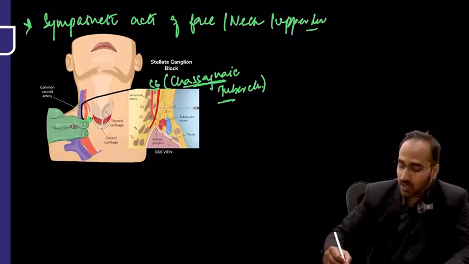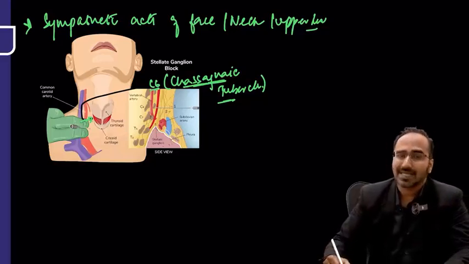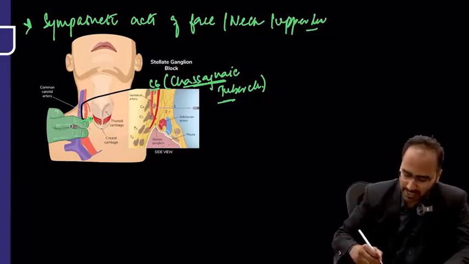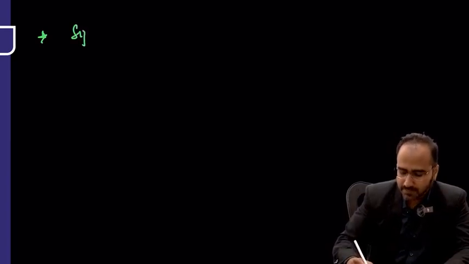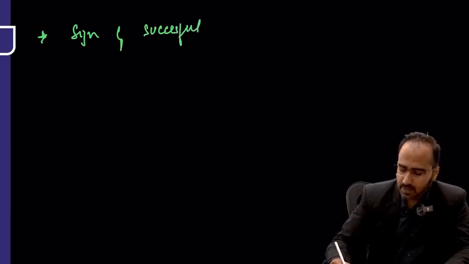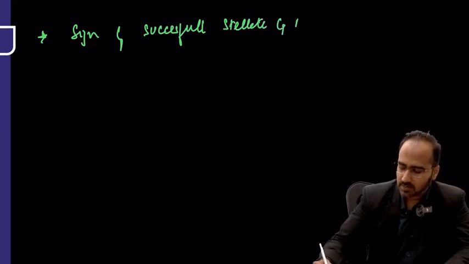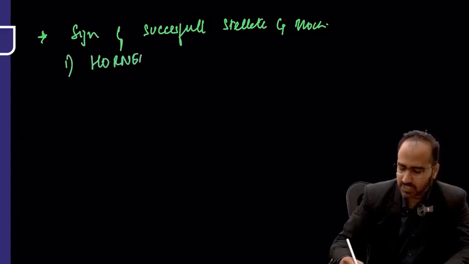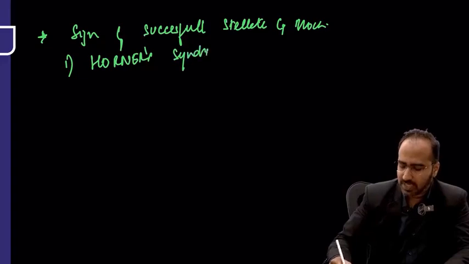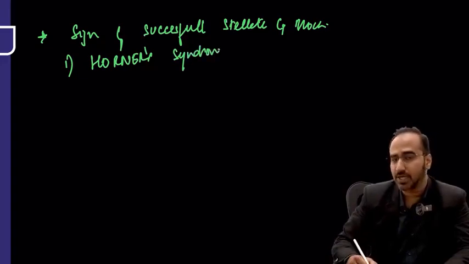Now, what you need to remember: once you block the stellate ganglion, what signs do you see in a patient with a successful stellate ganglion block? First is Horner's syndrome, that is ptosis, miosis, anhidrosis.